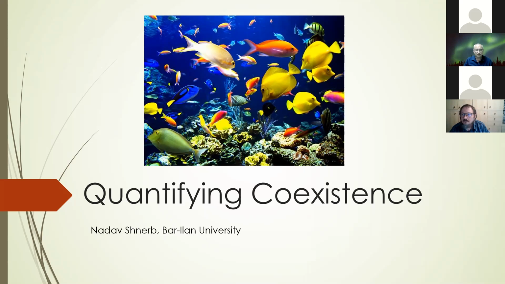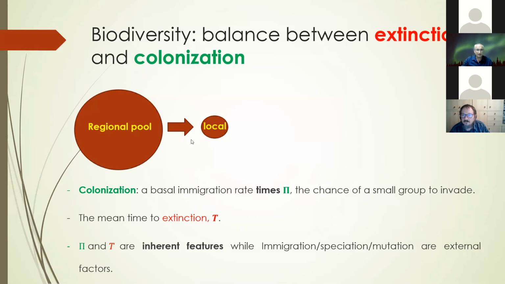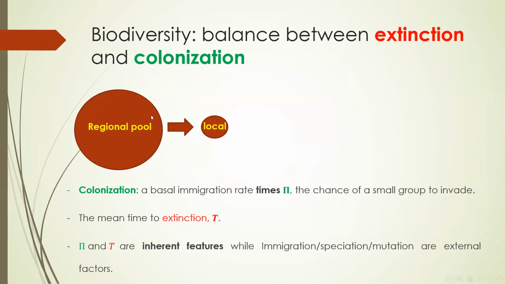And then I will try to sketch some sort of alternative approach. Okay. So to begin, we all know that biodiversity reflects some sort of a balance between extinction and colonization.